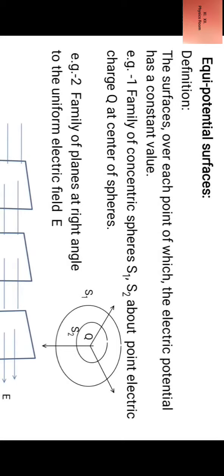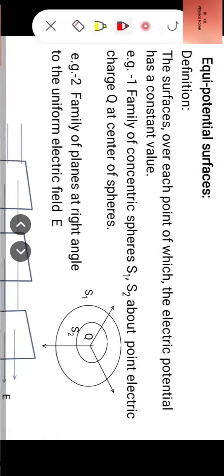In that we have talked of electric potential energy of a two charge system, electric potential and electric potential difference. And now we go to the second topic of this chapter, equipotential surfaces.